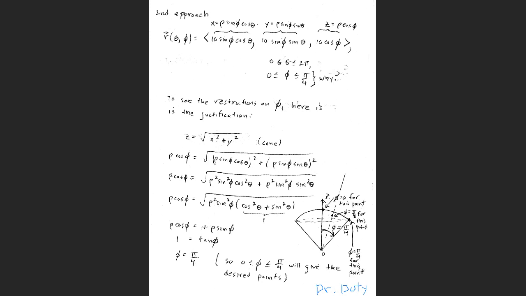And do you see here how phi would range between 0 and pi over 4, between 0 degrees and 45 degrees. I drew just a little bit of information there for you.